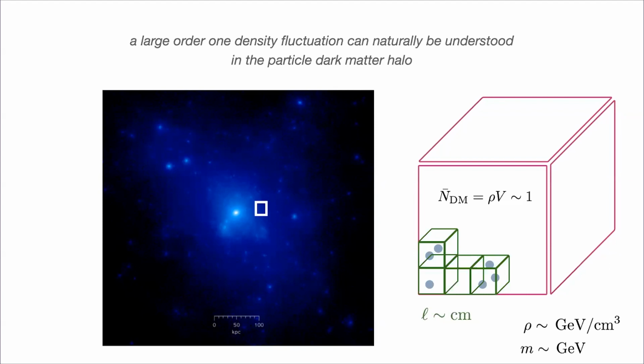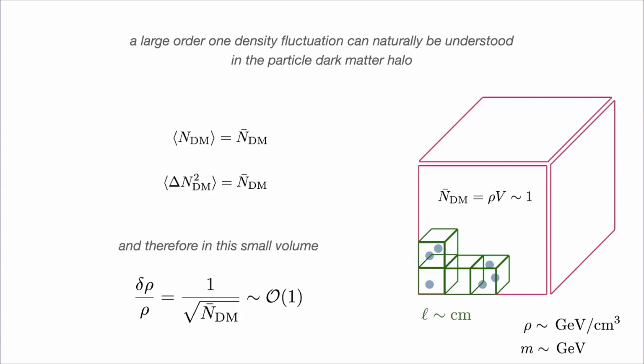Some boxes will have one particle, some boxes will have two, and some boxes will have 0 particles. The number of dark matter particles in each box will follow Poisson statistics. So the mean value is given by this order one number, and the variance will also be given by an order one number. So if we ask what the density fluctuation is over this small scale, over the scale of a centimeter, even in the particle dark matter case, there will be order one density fluctuation because of this Poisson statistics.